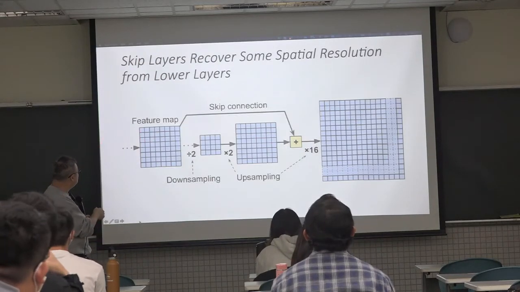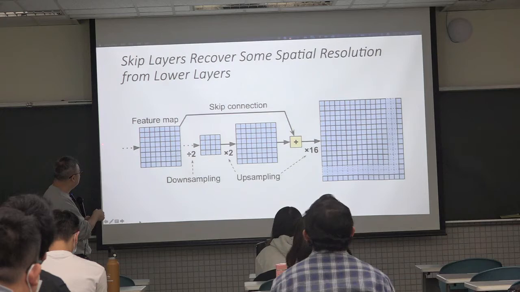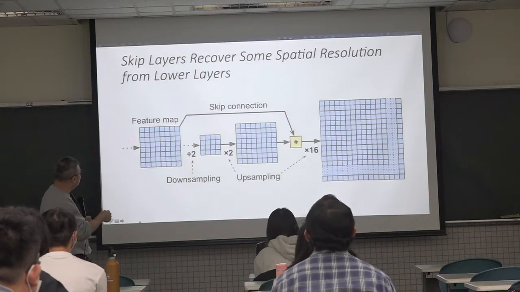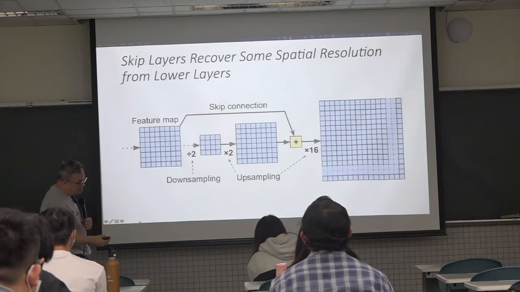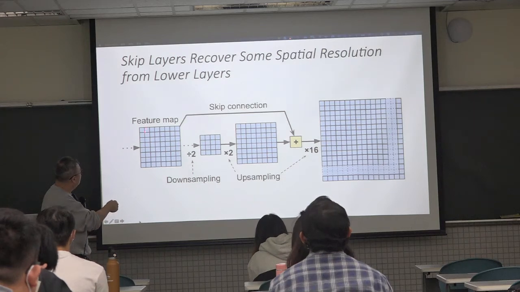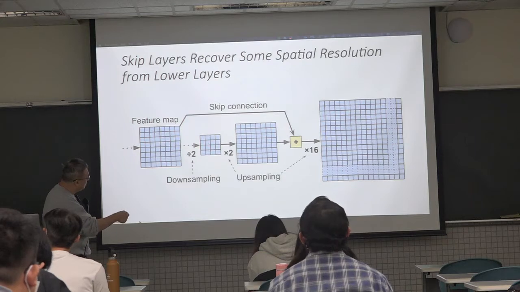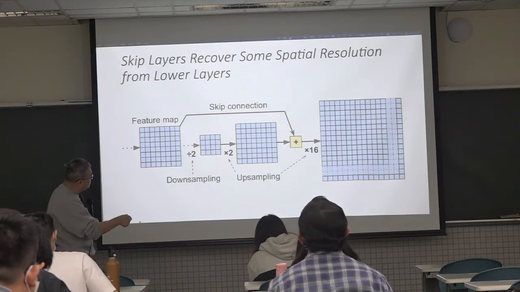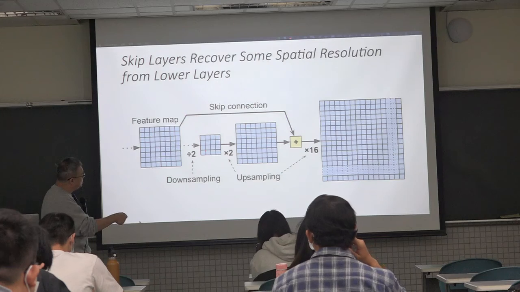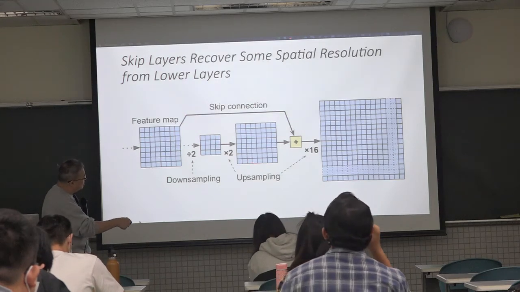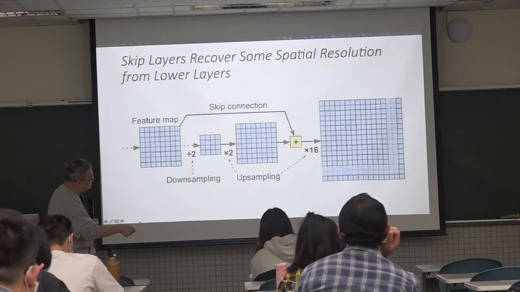Before that, you get the pre-trained model, and then you do a bit of transfer learning, a little bit of training on that, and then this is the intermediate feature map. You use downsampling to reduce the size, and then you need to increase this by 32 times, both width and height. So first you double the width and height, and then you increase width and height by 16 times.